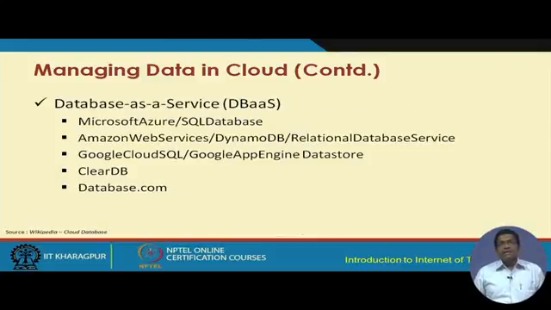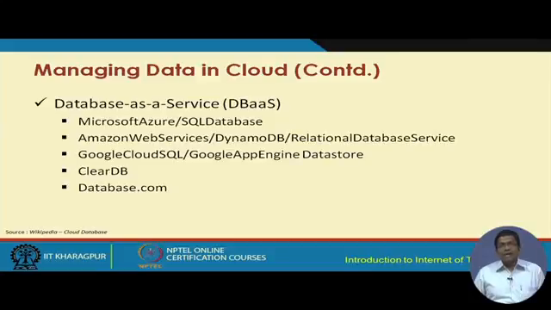For managing data in the cloud, we need some kind of service like database as a service, DBaaS, integrated with cloud platforms.